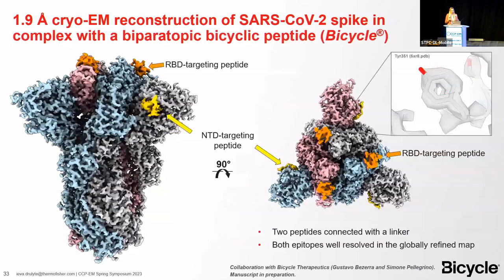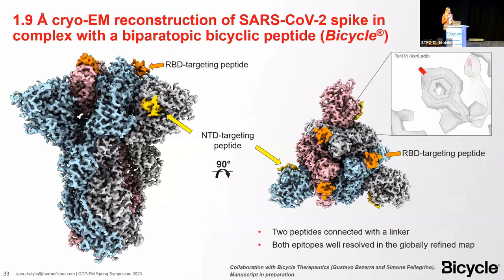And having sort of mastered the art of spikes and fabs, we thought, would this also work for much smaller biologics? So for this work, we collaborated with Bicycle Therapeutics here in the UK, and we used the EPU multigrid workflow to characterize a number of these bicyclic peptides.